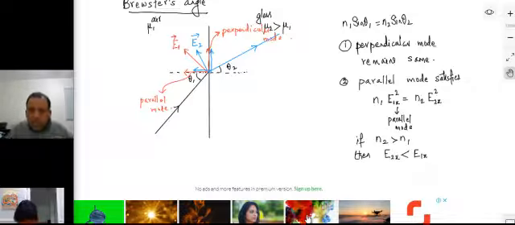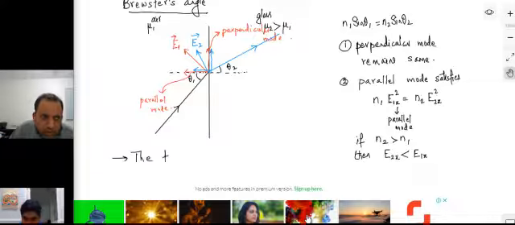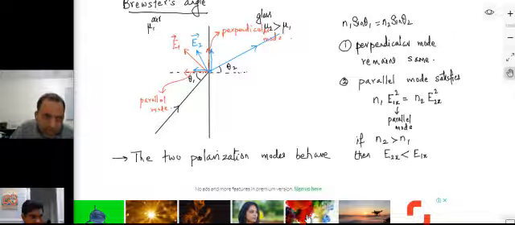Now, the interesting part is Brewster's angle. The idea is that the two polarization modes behave differently during refraction.